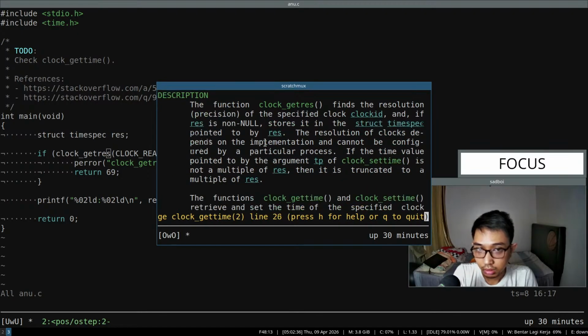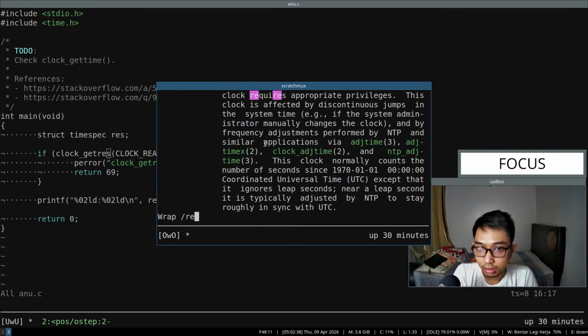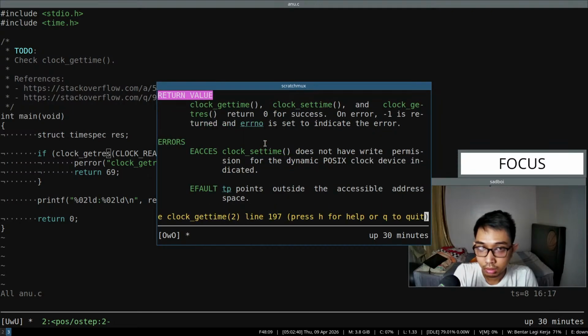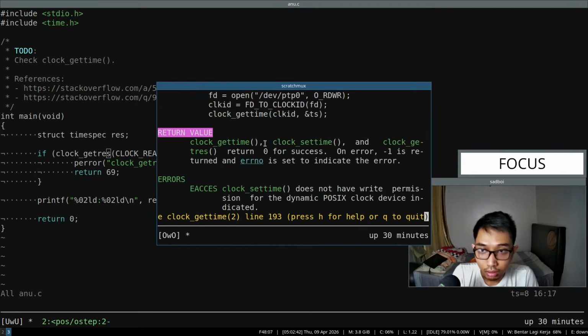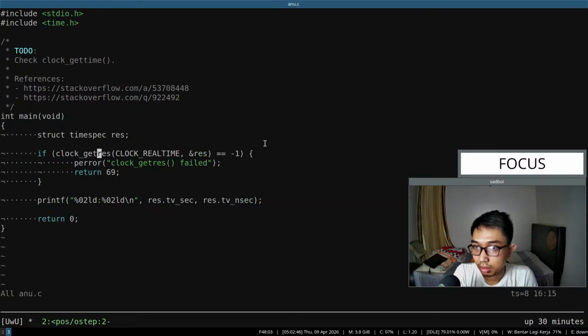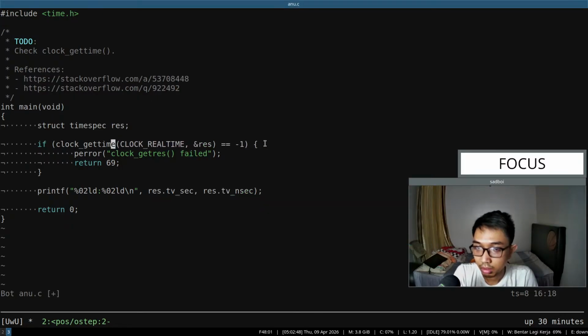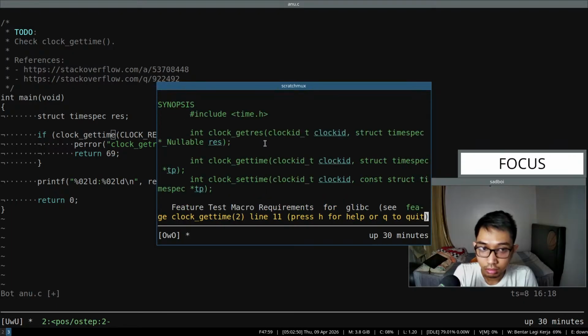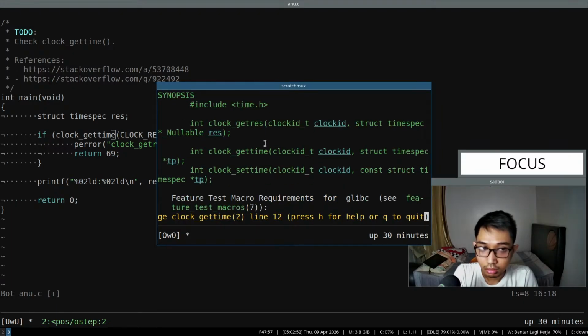What is the return value here? Another negative one. Okay. And then struct timespec back. Okay.